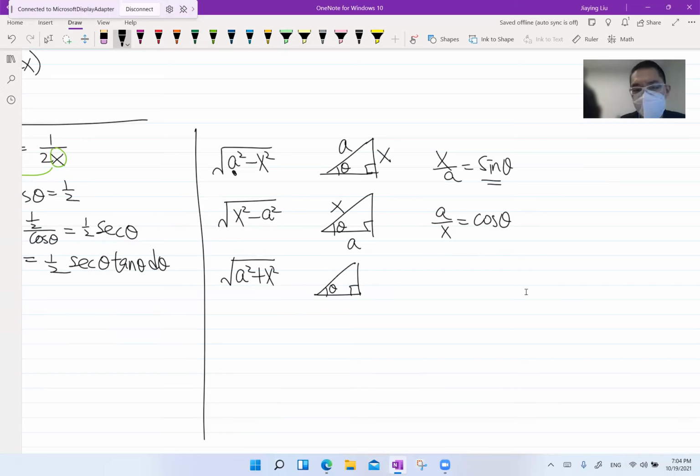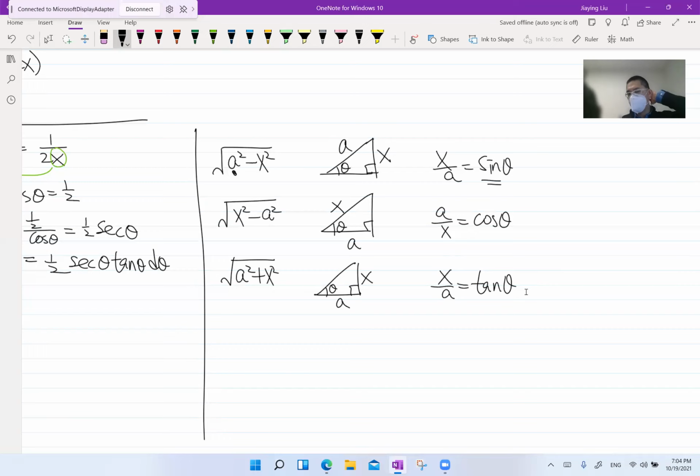But how do you know which one you prefer? It turns out that if you set x on the opposite side and a on the adjacent side, you can use tangent. But if you switch them, you have to use cotangent. It depends on how comfortable you are with cotangent. So x over a equals tangent theta.